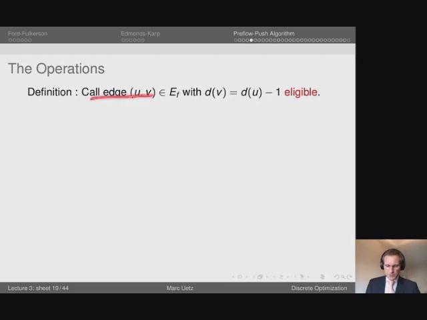We call an edge in the residual graph eligible if it is downward sloping by this 1 unit. More than 1 unit downward sloping is not allowed. We will always maintain feasibility of this level function D, and such an edge is called eligible. We can use it.